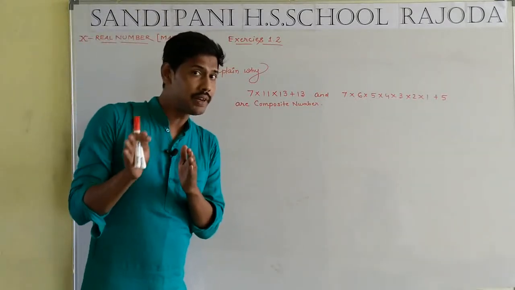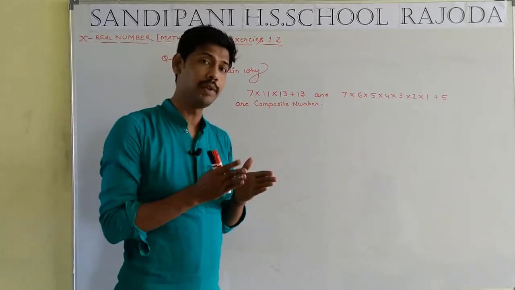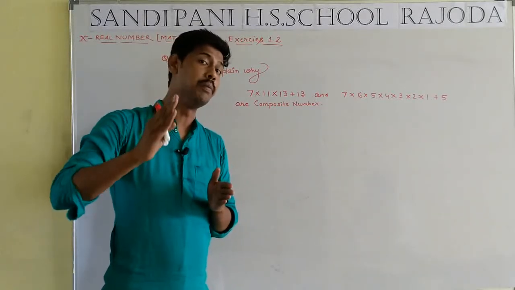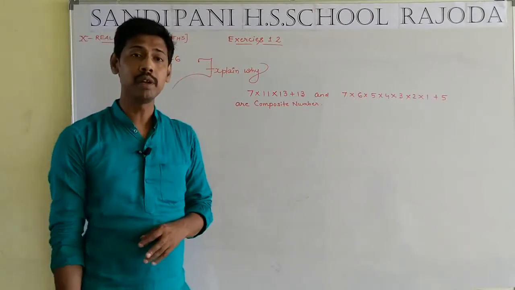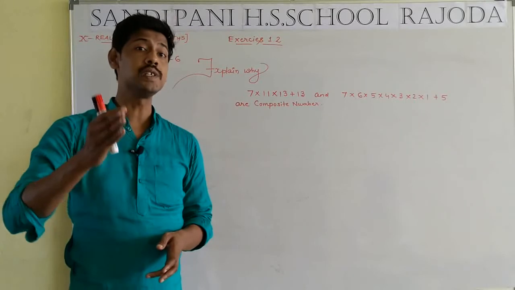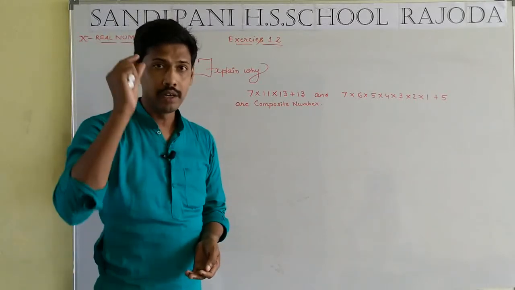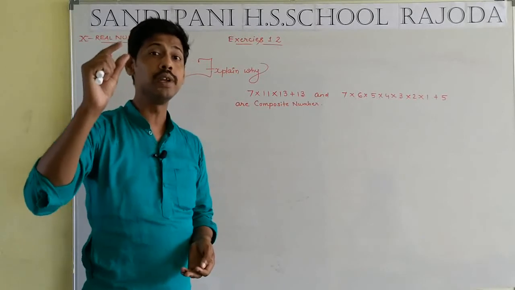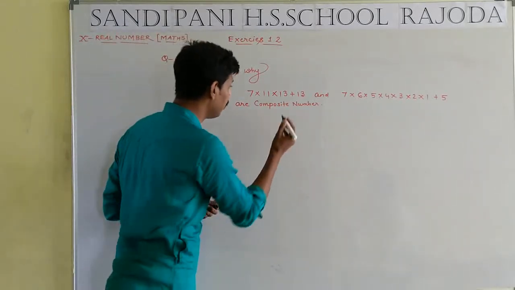Numbers are categorized as prime numbers and composite numbers. A prime number is a number which cannot be divided by another number. But a composite number is a number which consists of more than 2 factors. I repeat, a number which consists of more than 2 factors is known as a composite number.